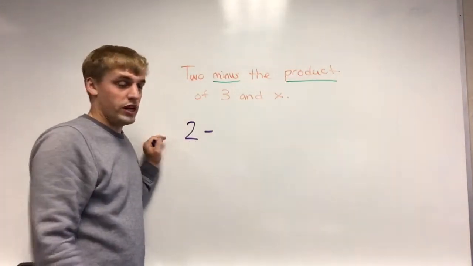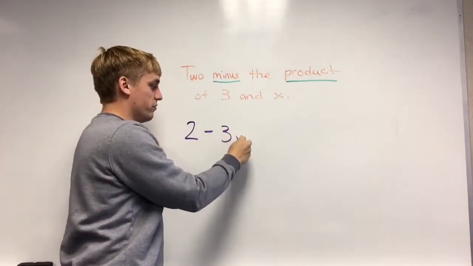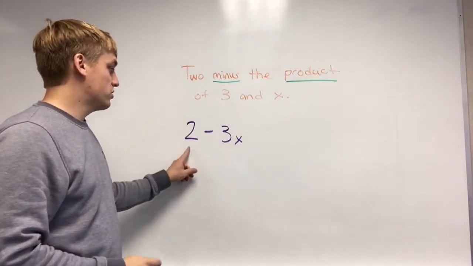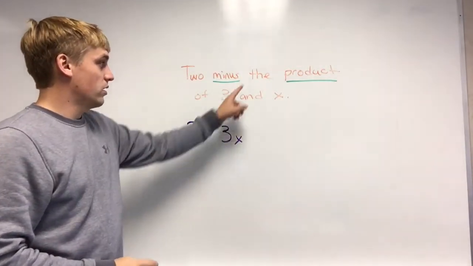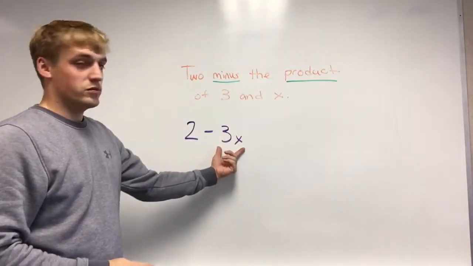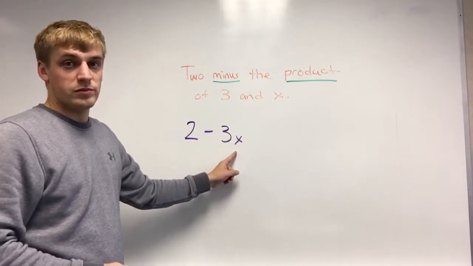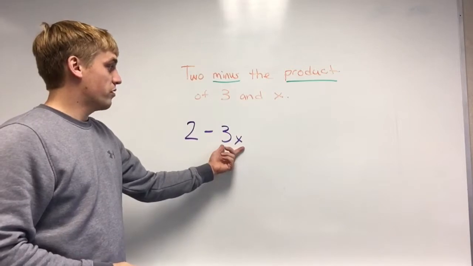So how do we show that? When it's a variable, we can just write 3x. So this is 2 minus, the product is multiplication. When a number is next to a variable, that means multiplication. So we have 3x.